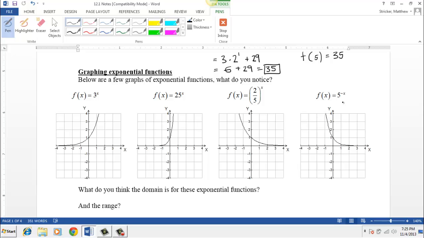Okay, so what are some things that are the same? We should all notice that they all have the same y-intercept point. They all go through the point 0, 1.